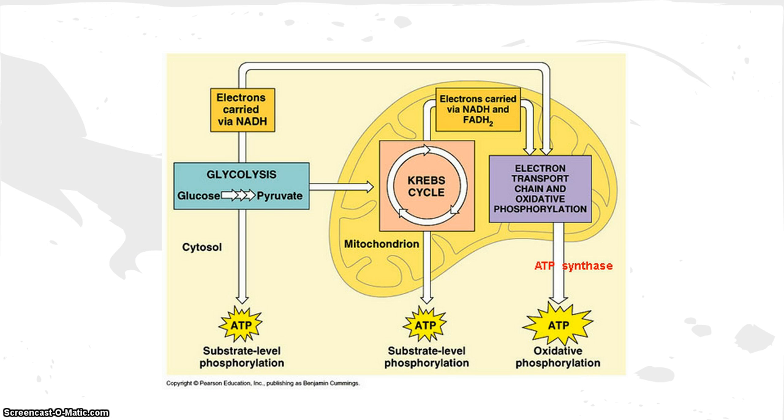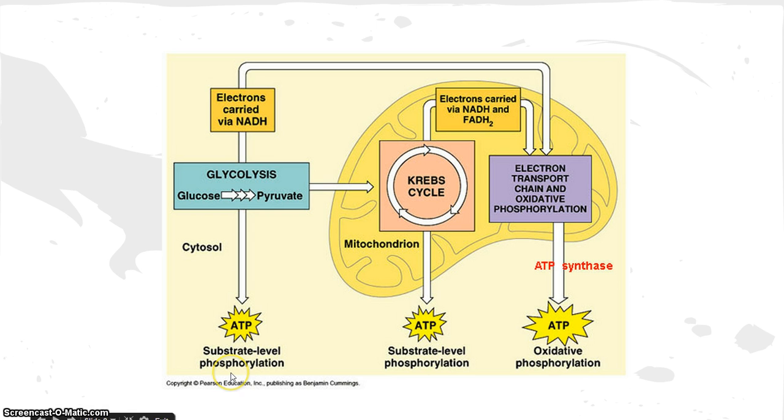I know we've talked all about what glycolysis is, the Krebs cycle, electron transport chain, and oxidative phosphorylation, but we're going to go a little more in depth. Remember how glycolysis starts out in the cytoplasm or the cytosol, and we make some ATP.